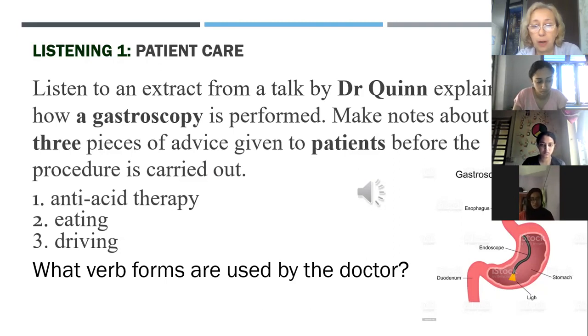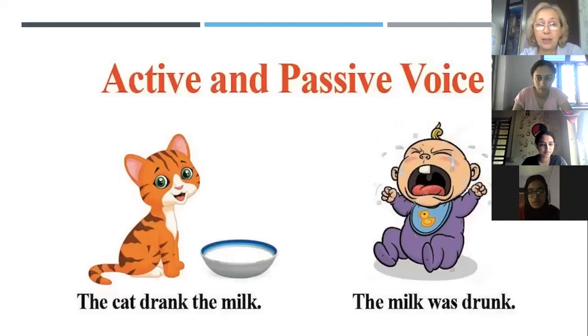So the verb structures. Is advised. Present. Present, you are right. But is it active voice or passive voice? Passive. Passive, exactly.